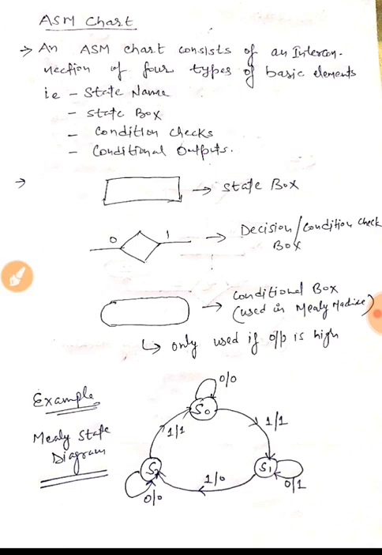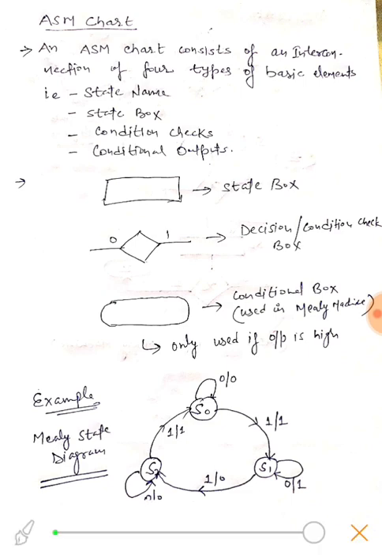Okay, so we have three boxes: state box, decision box, and conditional output box.